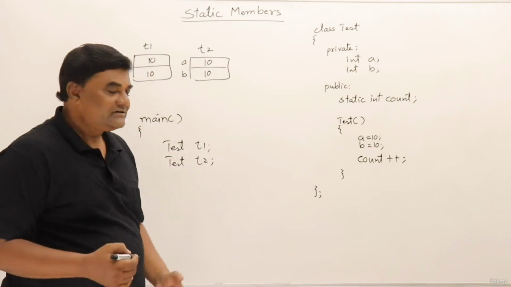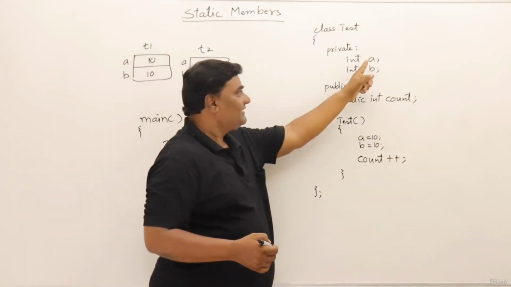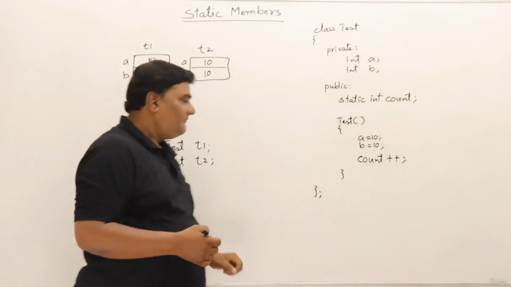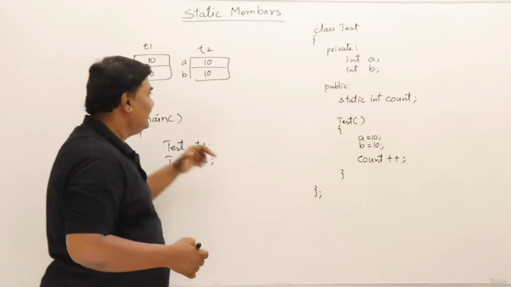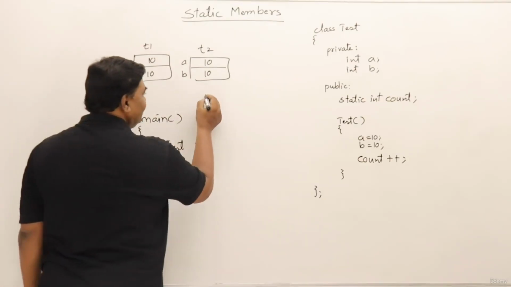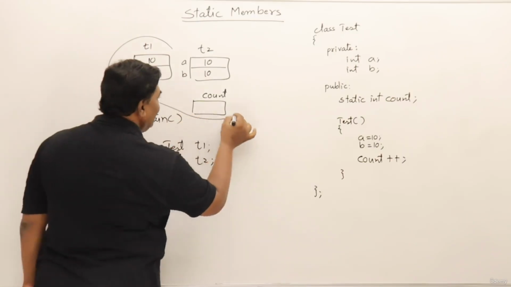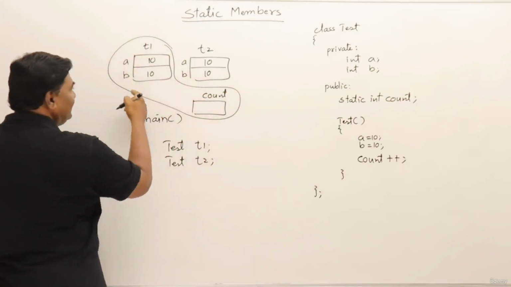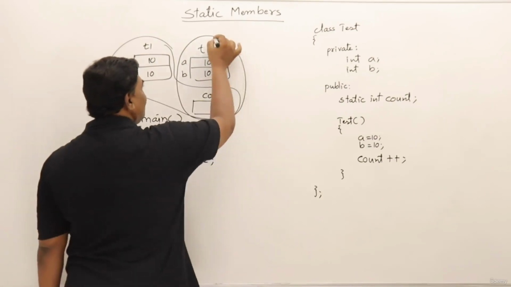How does this work? When I create an object of Test T1, how many members are there? A, B and count. When I create an object of T2, A, B and count. Now see how count is created. T1 has A, B and count, and T2 also has A, B and count.